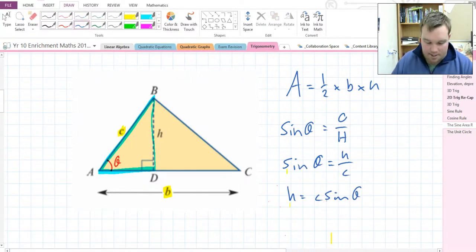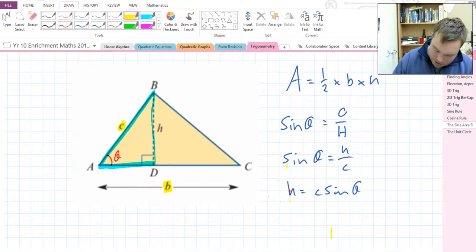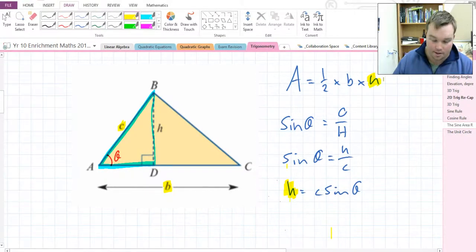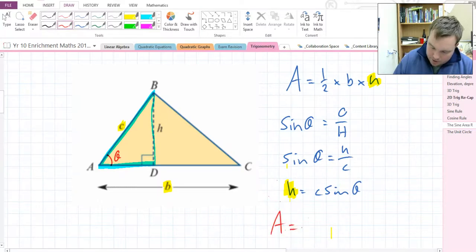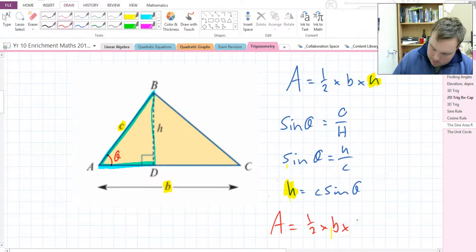How does this help us form an equation for the area of a triangle? Well, if I know that h is equal to c sine theta, I can say that the area of a triangle is equal to a half times one side, meaning the base, times c sine theta.